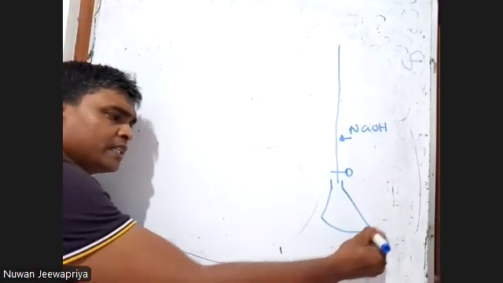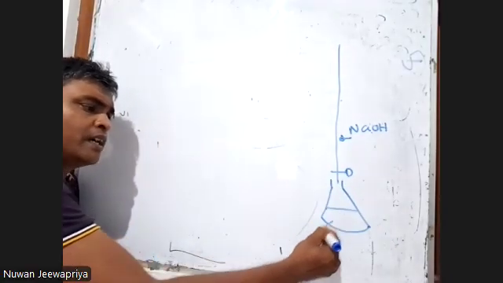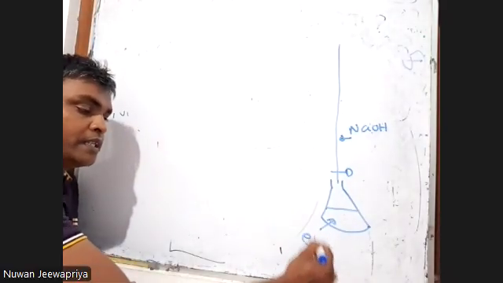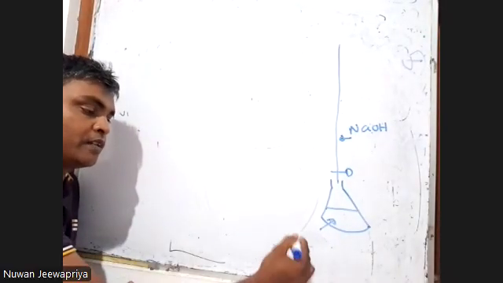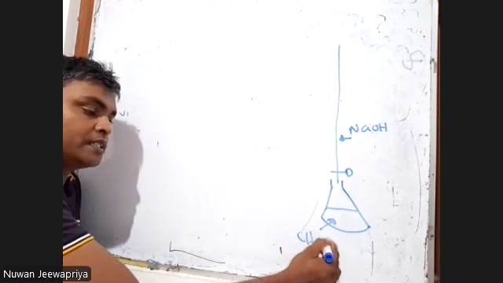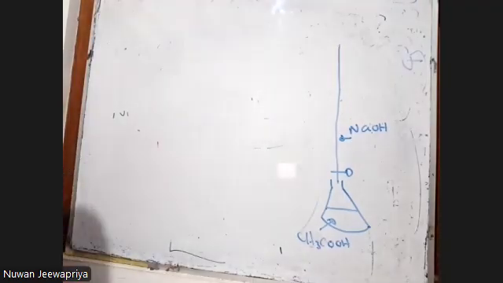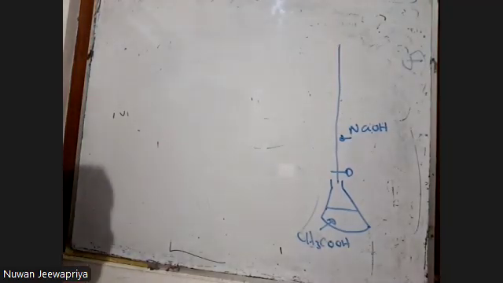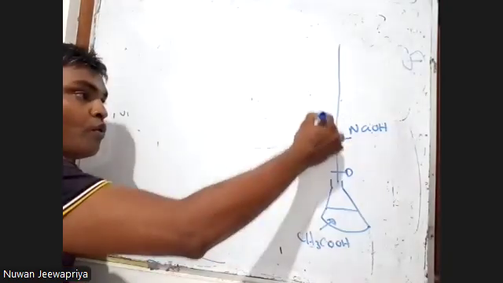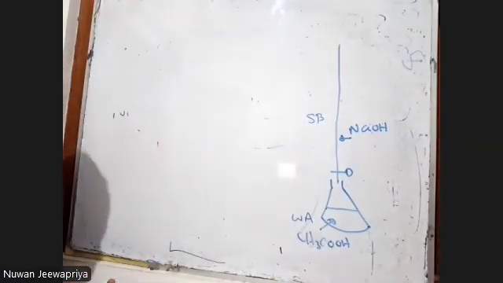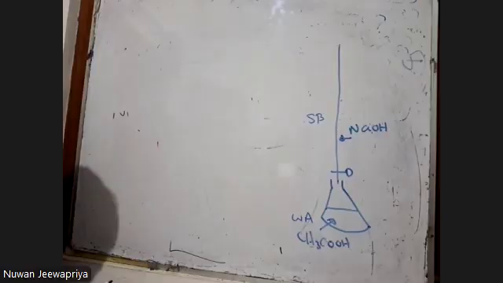The ethanoic acid is CH3COOH, a weak acid. You all know that ethanoic acid is a weak acid. So this is a strong base and weak acid titration.